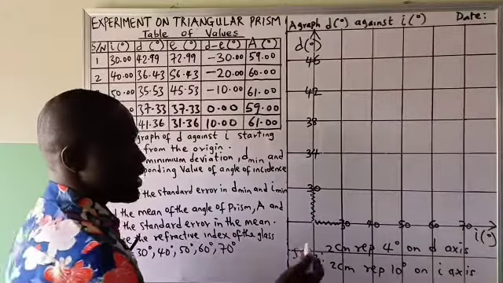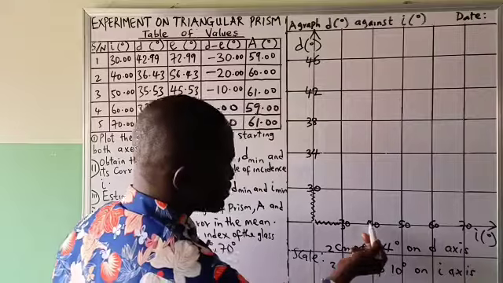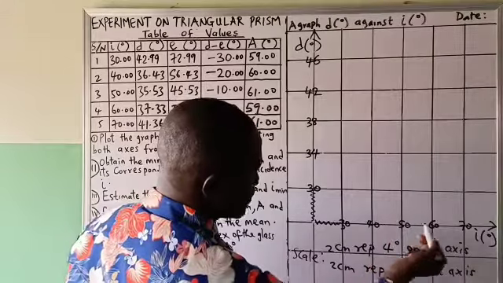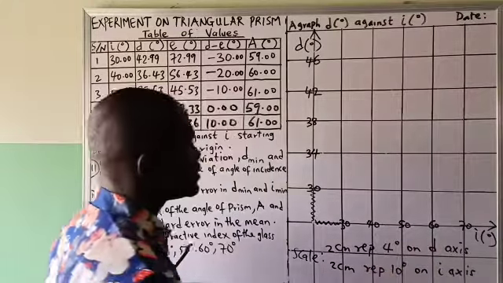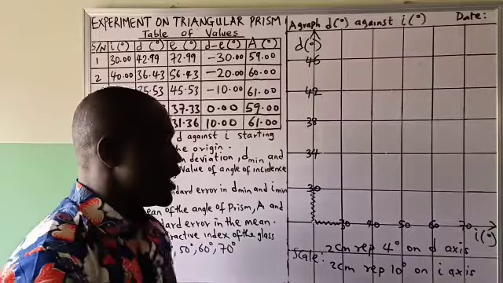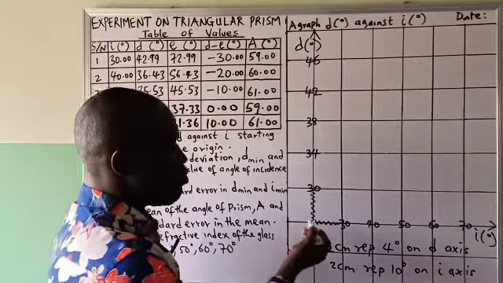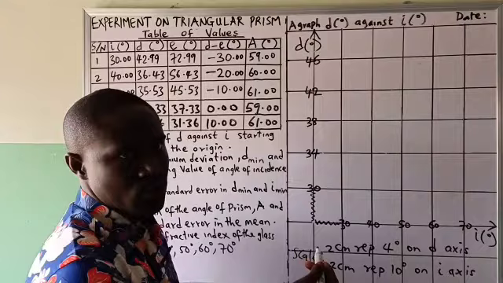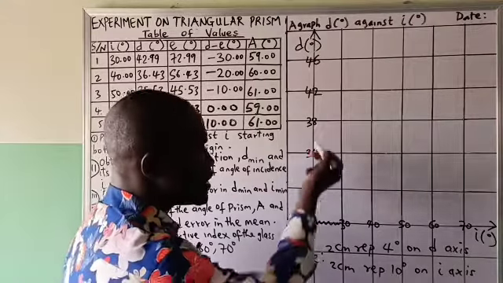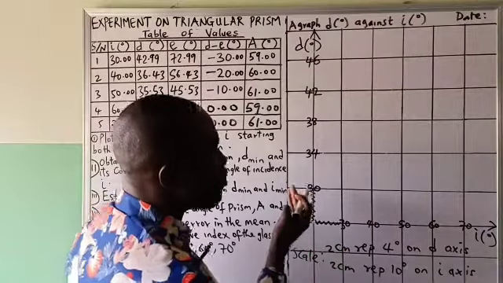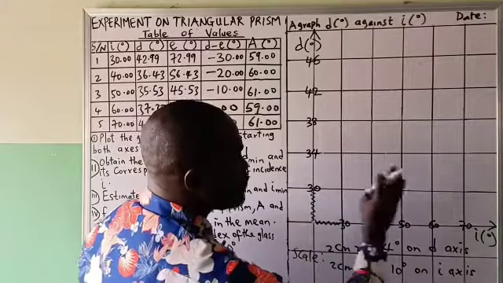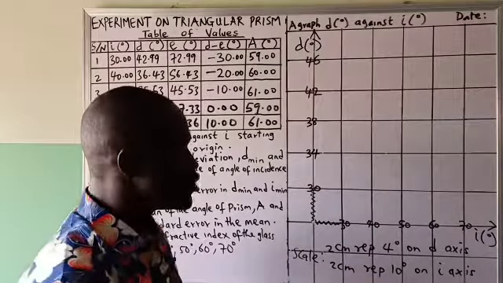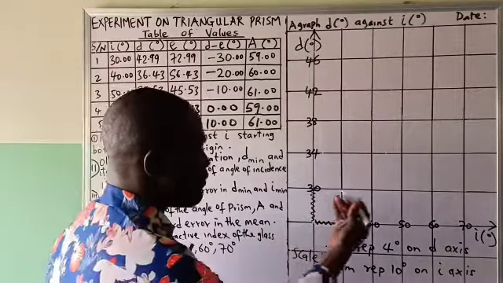That means I put here 10, 10, 10, and that is it. So it does not mean that you must start at 0. If you start at 0 in this type of graph, you will see that there will be vacant, empty space that you will not make use of. So because of that, you have it this way.